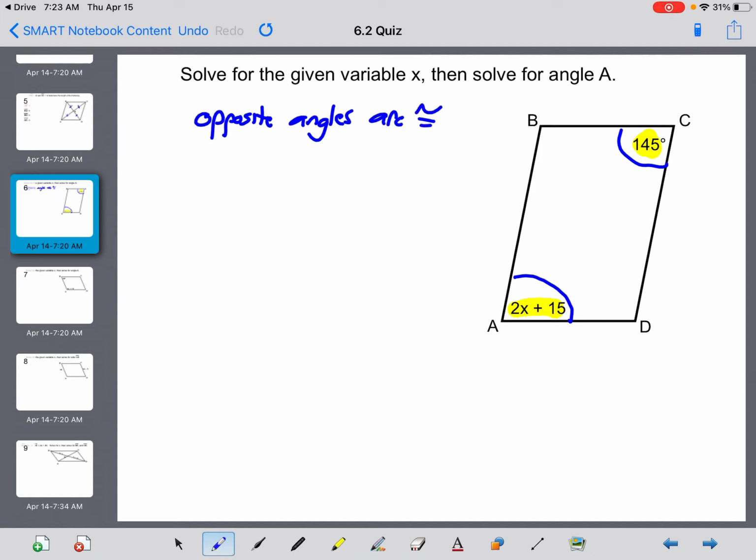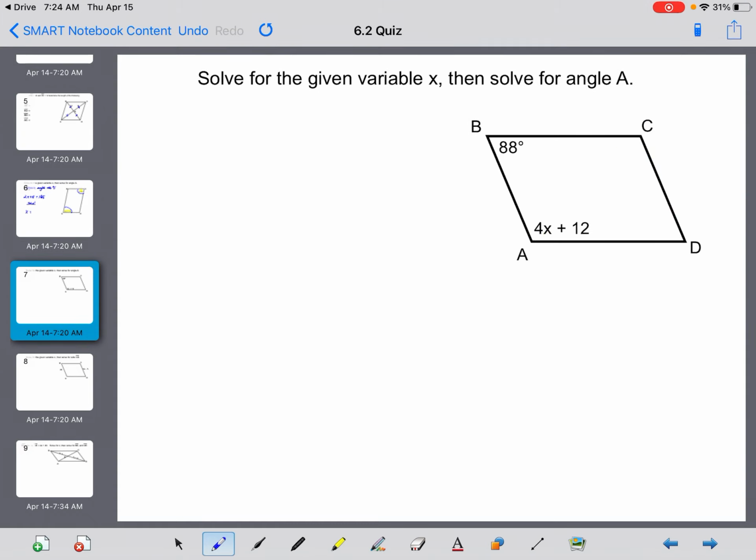And we said before that opposite angles are congruent. So if you're going to solve this for x, you have to do 2x plus 15 equals 145. And then you must solve in here. This is a two-step equation. Get x by itself. X equals what? Okay, so use your two-step equations that we've been working on all year. Add or subtract, and then divide.